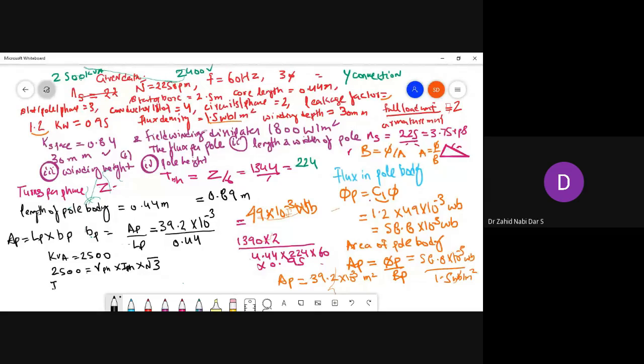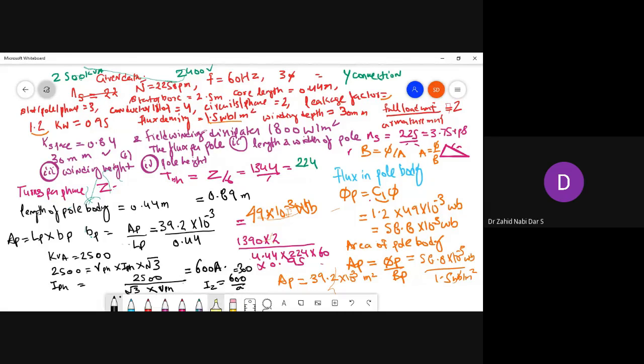The current I phase is 2500 divided by root 3 into V phase, with the V phase value we calculated. The current will be around 600 amps. Because it is a double circuit, the current in each conductor would be 600 divided by 2, which is equal to 300.